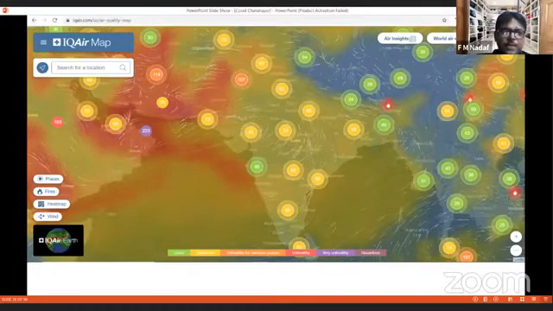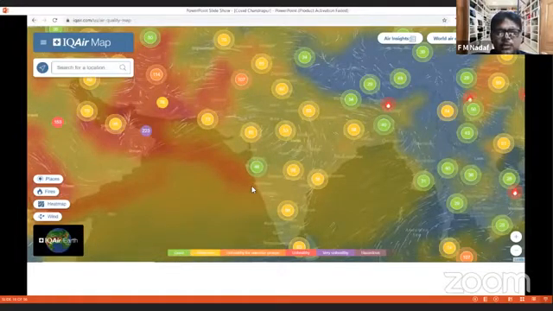Now, as I said, we are in unlock. What is the scenario now? The scenario is more or less similar. Life is coming back to normalcy. People who were locked down in our houses are slowly and steadily coming back on the road. The vehicles are moving, the industries have started, but even after 5 months of lockdown, there is still a good quality of air, good to moderate quality.